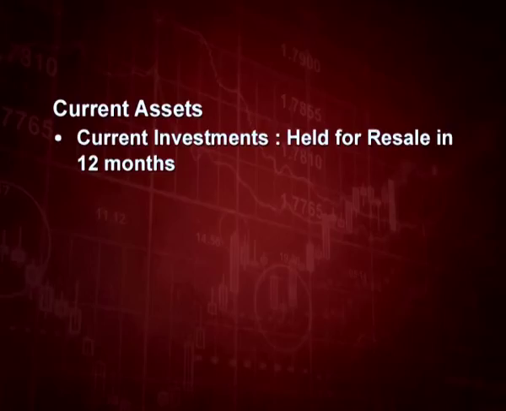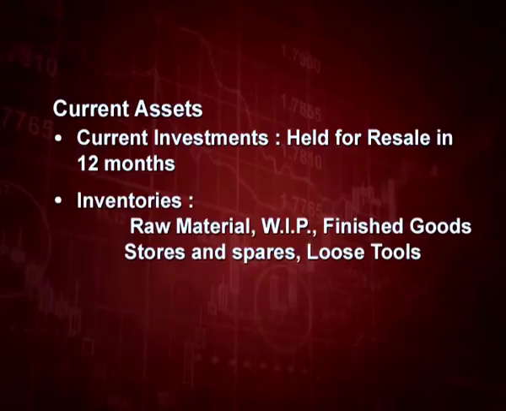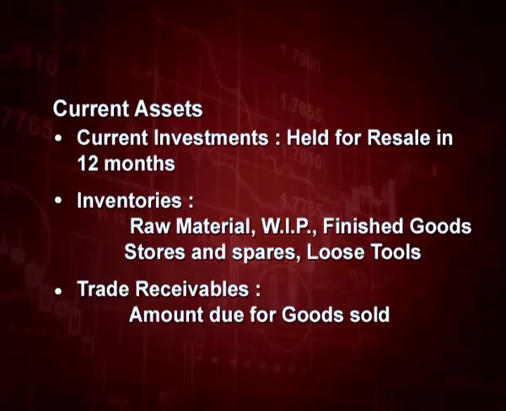Now, what are current assets? First point, current investments, which are held for resale within 12 months. Next, inventories, which comprise raw material, work in process, finished goods, stores and spares, and loose tools. Third, trade receivables, that is, amount due for goods sold, debtors.